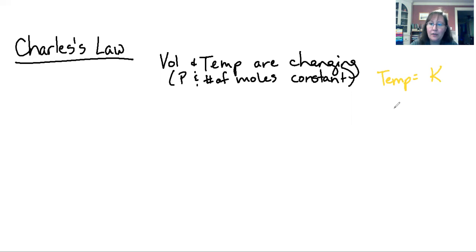So we have to be in kelvins because kelvins do not have any negative values. With Charles's law, we have a direct proportionality. So volume and temperature are directly proportional.